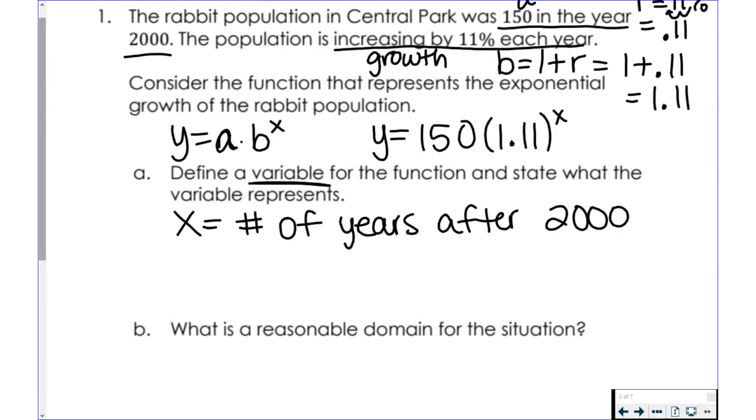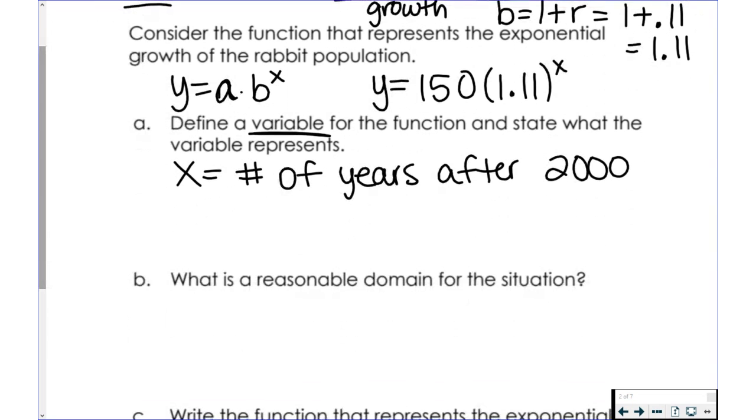So part of that guess is correct. X is the years since 2000. So if it's 2001, let's say we want to know the population in 2001, it's only increased 1 year since you started. 2002 means it has increased 2 years since you started.